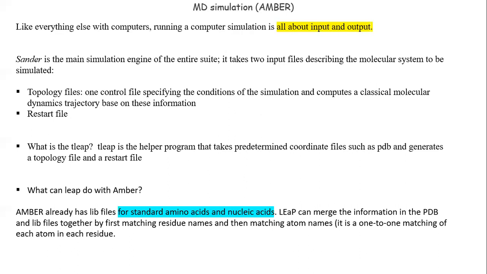The Amber software package has library files, like a library for the standard amino acids. If you look at the PDB file, you see records named ATOM. These are all the standard amino acids or nucleic acids. Everything other than those named ATOM in the PDB file is non-standard. You see the non-standard residues as heteroatoms when you look at the PDB file.